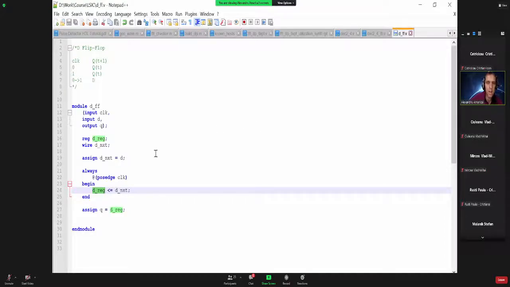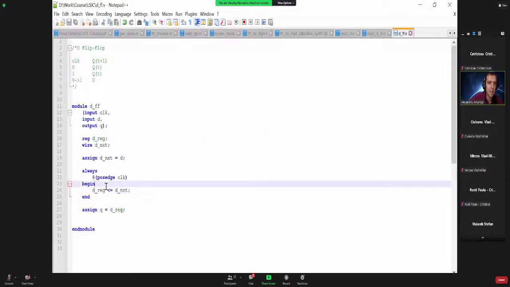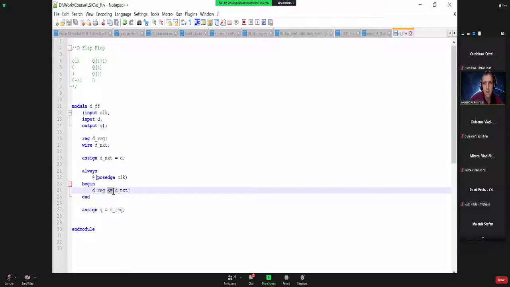What I would like also to emphasize is a big difference when you model sequential logic: use this non-blocking assignment. Next course, I can give an explanation about why.